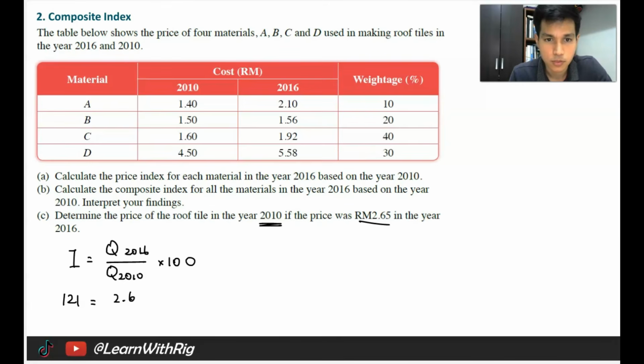So 2.65 divided by Q 2010 times 100. Okay, so you can rearrange this. When you rearrange, you should get Q 2010, you should get your answer is RM 2 ringgit 19 cents. Okay, so just rearrange, you should get this answer.